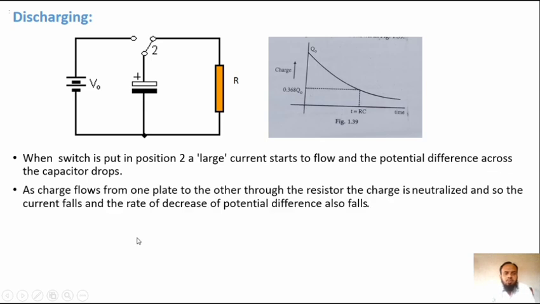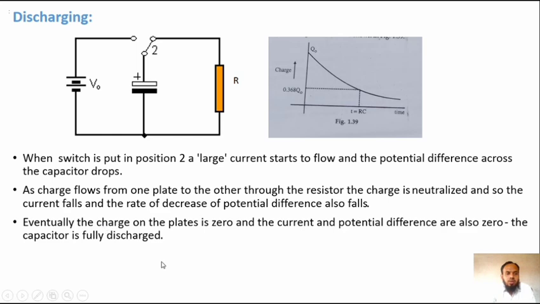As charge flows from one plate to the other through the resistor, the charge is neutralized, and so the current falls, and the rate of decrease of potential difference also falls. Eventually, the charge on the plate is 0, and the current and potential difference are also 0. The capacitor is fully discharged.